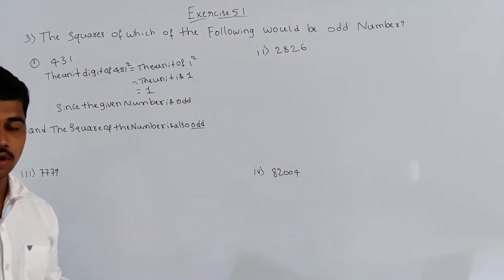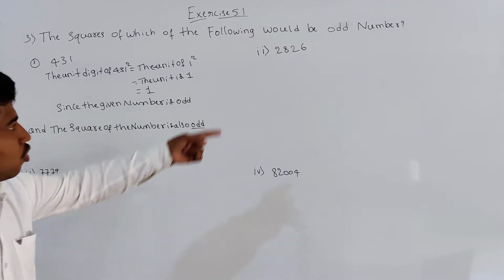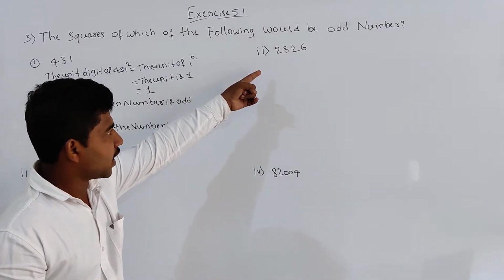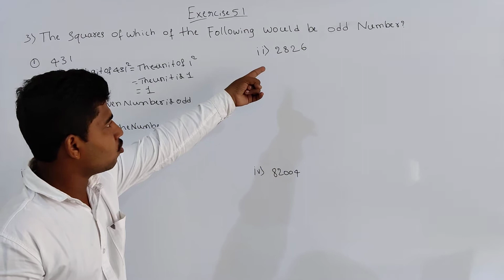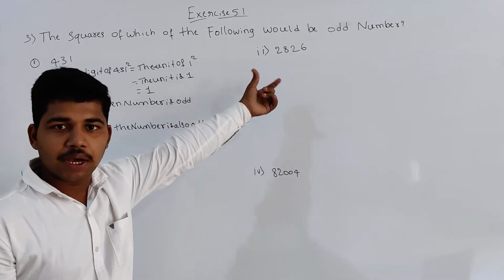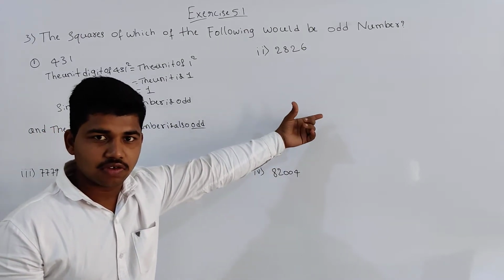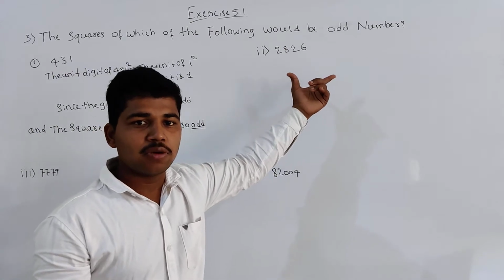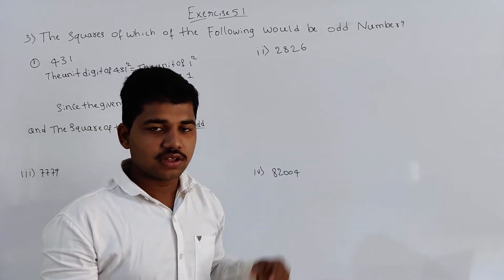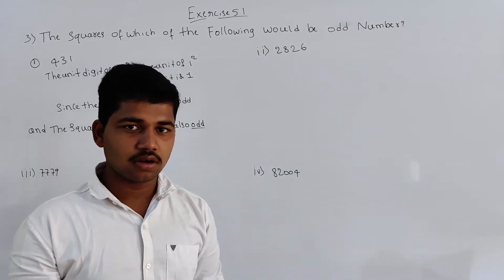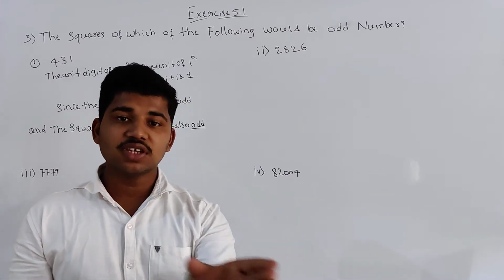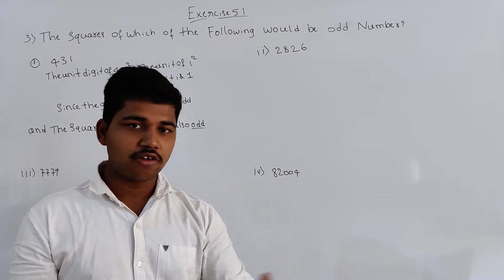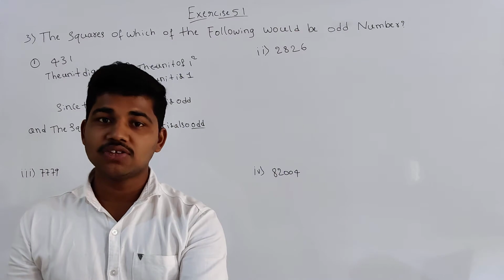2826. By seeing the unit place, we can understand that you have 6 in the unit place, so it is an even number. The square of an even number is even.